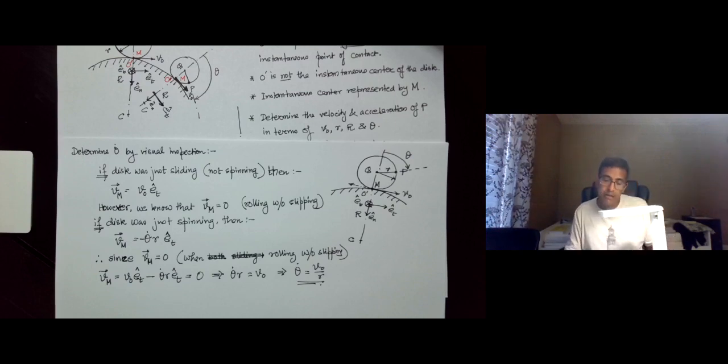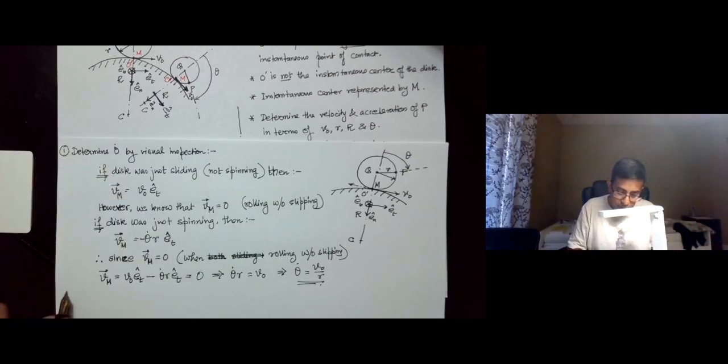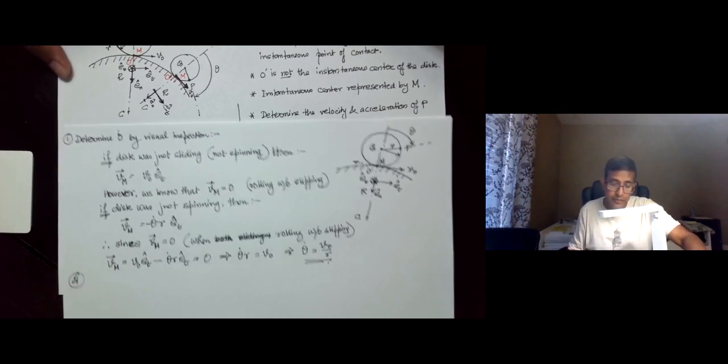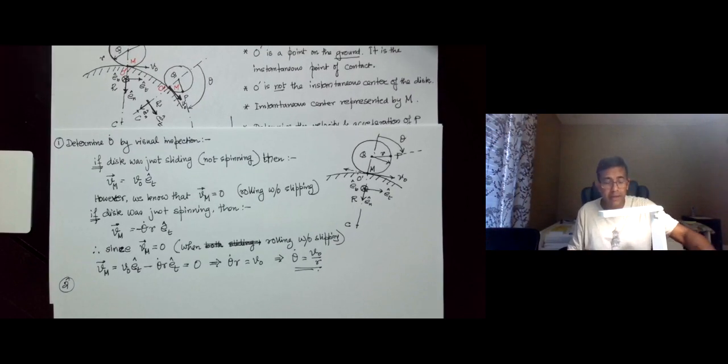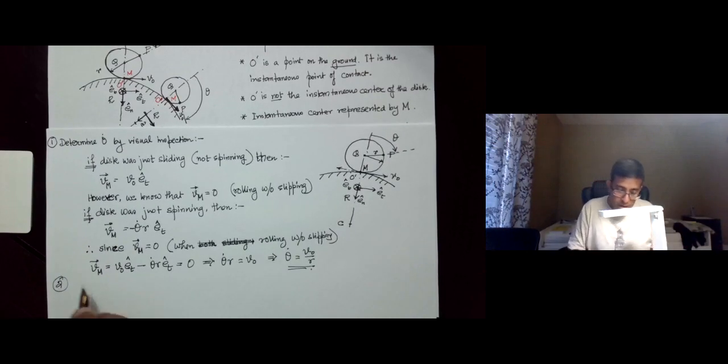Okay, so that's a way to determine the angular velocity. We can also determine the angular velocity directly without the use of these intuitive means, but rather just formulating this problem in a structured manner. So we can say determine theta dot using the velocity equation or relative velocity equation.